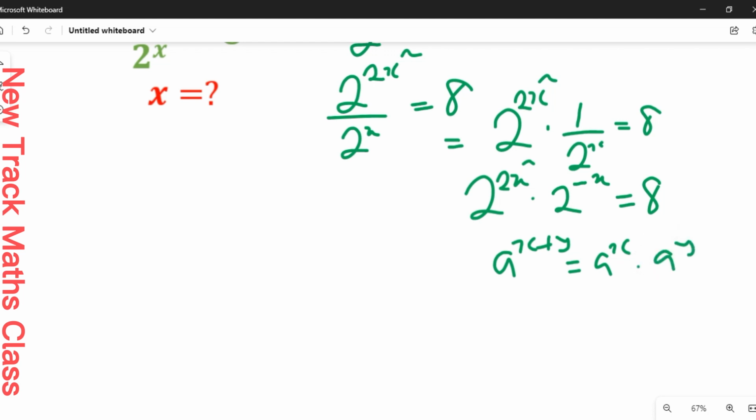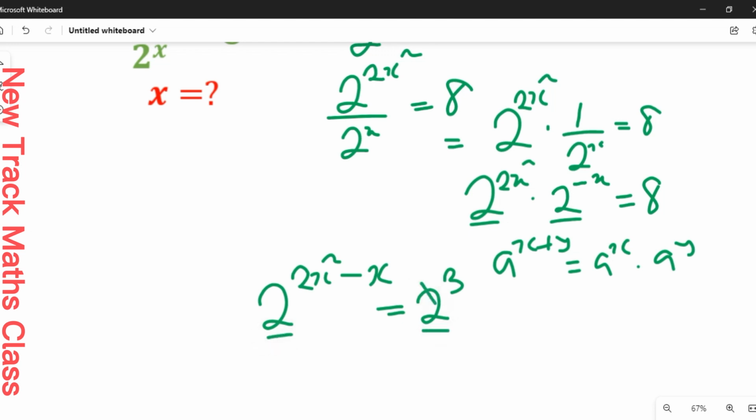If we bring that into this part, since they have a common base, that will give us 2 raised to power 2x squared minus x, and that will be equal to 8, which is 2 raised to power 3. So you see now that we have a common base.